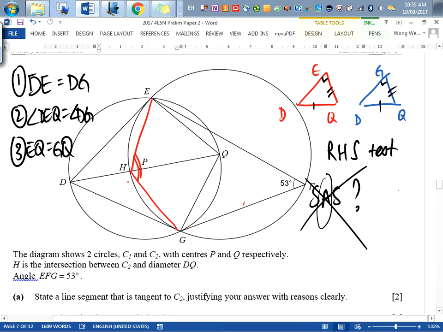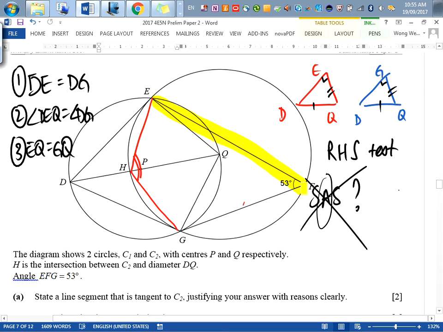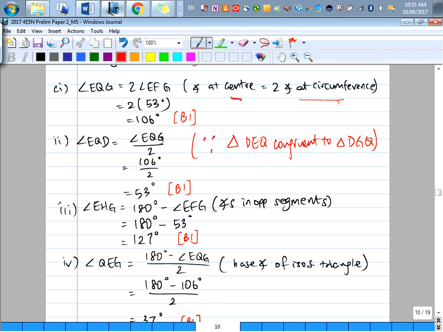We use angles in opposite segment. Do you see my cyclic quad over here? The yellow color one is the cyclic quad. Opposite angles, they are supplementary. So 180 minus 53, I will get my angle EHG. So over here, 127.